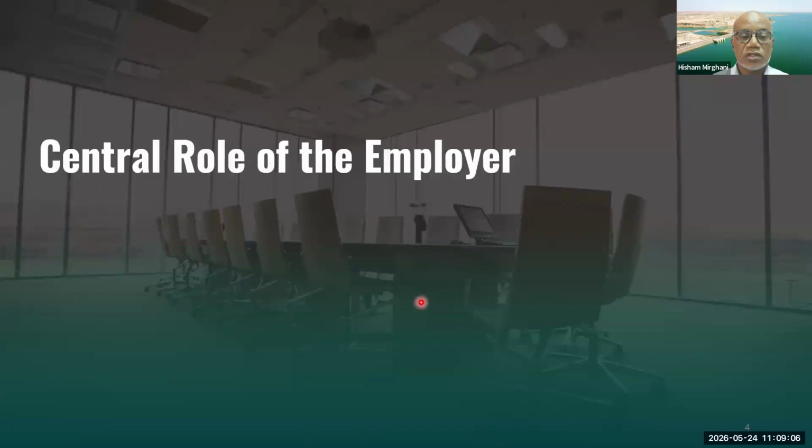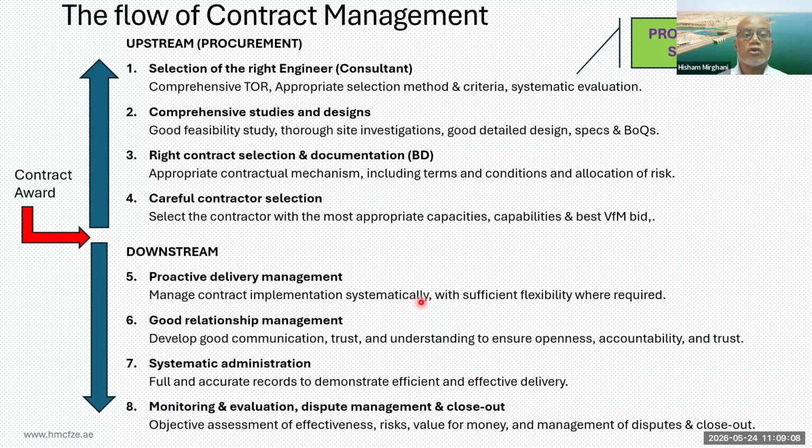So first of all, just some brief points on the role of the employer. Let's just start with this brief overview of the activities in contract management, both upstream and downstream activities. What this slide shows is that contract management does not start with signing of the contract. Procurement is a very important determinant factor in success of the implementation of the contract.